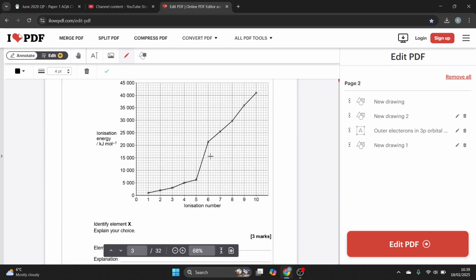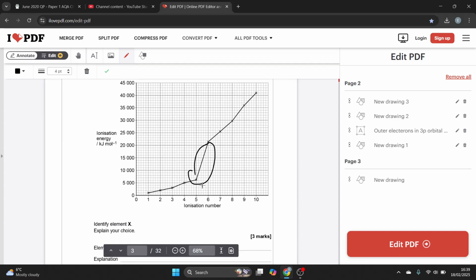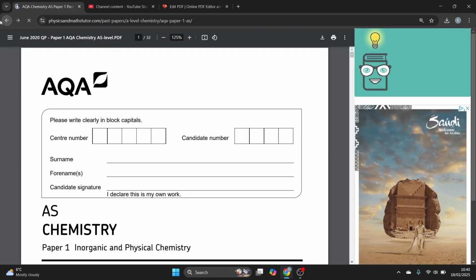Identify element X. So what I would look at here is where's the massive jump in ionization energy? Here, right? And so the outer electrons, how many electrons is it going to have? Well, then I need to look at the periodic table.